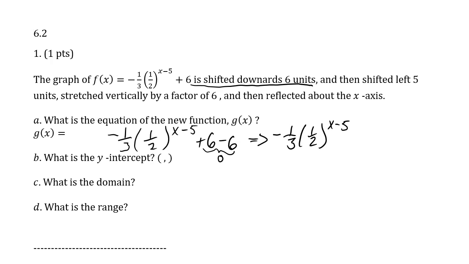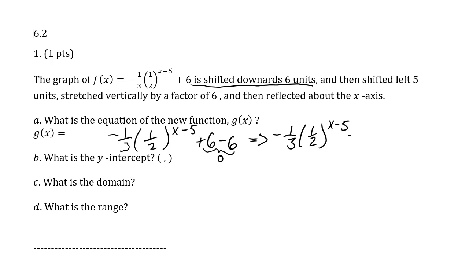Now let's shift it left 5 units. Shifting left or right affects x, and x is in the power, so this has to be in the power too. A shift left is opposite to what you think it would do. Instead of subtracting 5 on the inside of the operation, it adds 5.